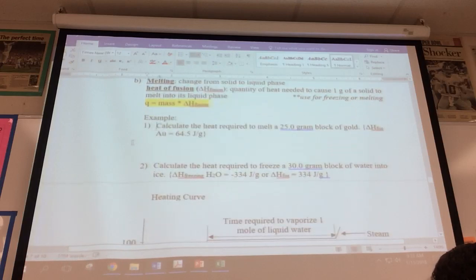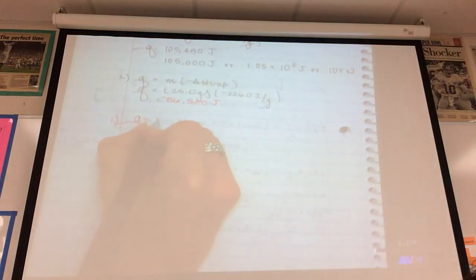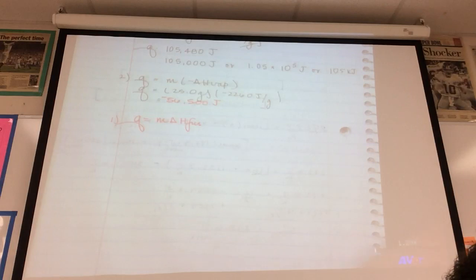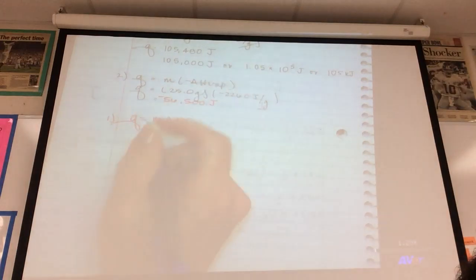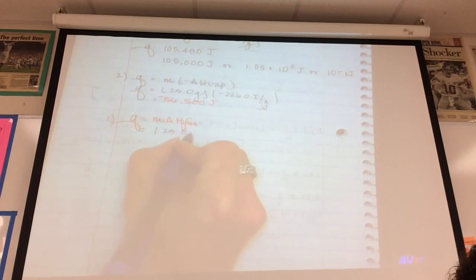How would we do number 1? You got it. So in this problem, we're going to have Q is equal to m delta H of fusion. And what we've got here is the mass is 25 grams.